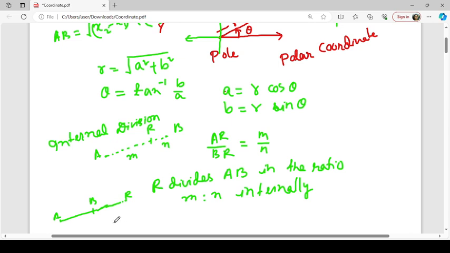Then we say this is external division. So here R divides AB in the ratio m is to n externally.